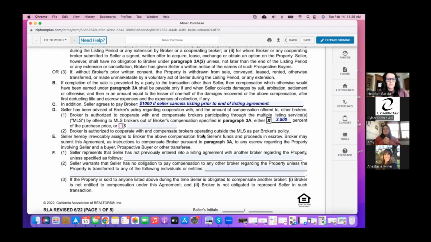So if a broker or an agent from San Diego writes an offer on your property and they do not belong to the Barry's MLS system or a cooperating MLS system like MetroList or whatnot, then they're technically not due a commission unless they submit the form for cooperating broker compensation, at which point they should submit that with the offer to verify that they're getting the commission as offered in the MLS.